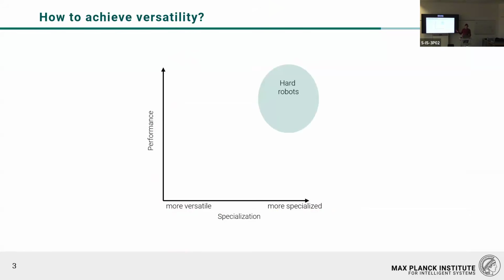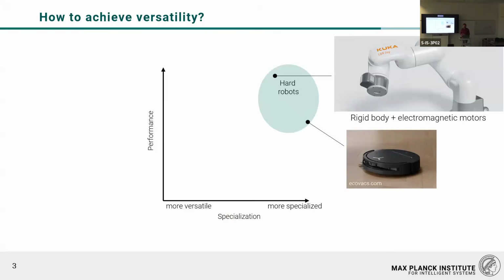It's not very exact, but just to give you a notion, around here. We have robots that do very specialized tasks with very high performance. If you think, for example, of a robotic arm that assembles and manufactures cars, it can do this much, much faster and better than we humans can, but it's a very specialized task.